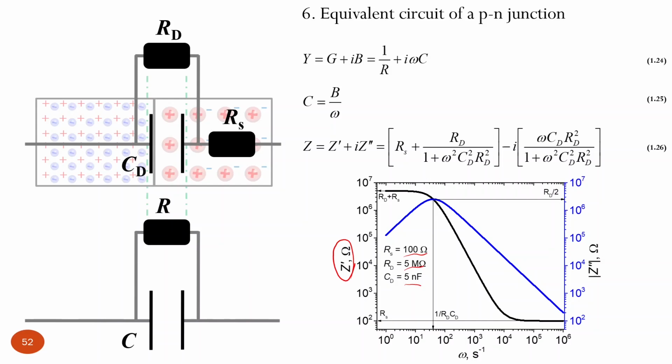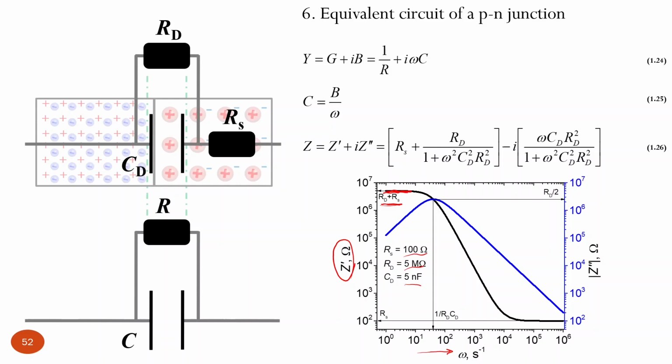of impedance. So it goes from saturation at low frequency, where we go from low frequency to high frequency here. So saturation at low frequency, when we have the sum of depletion layer resistance plus series resistance.